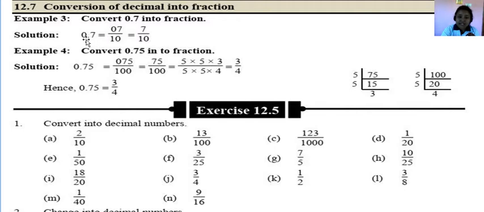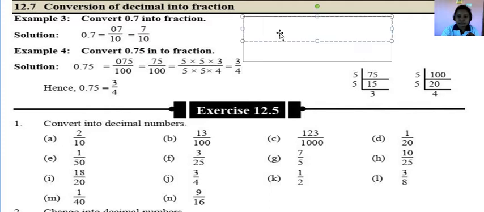If there is 0.77, then there are two numbers after the decimal. For replacing the decimal, we have to count the numbers behind the decimal and write that many zeros in the denominator.